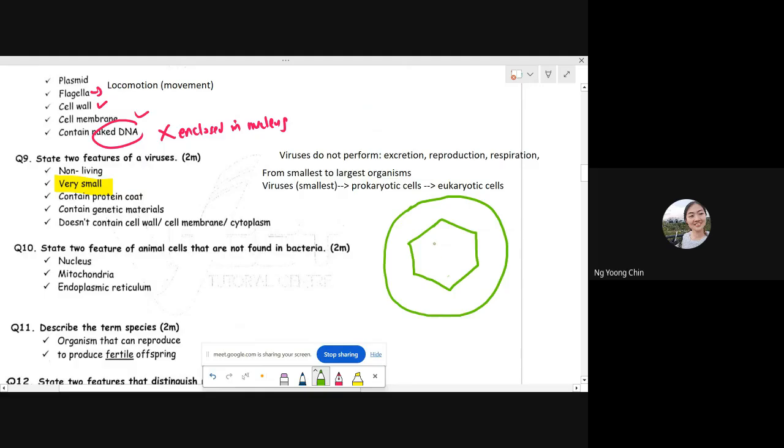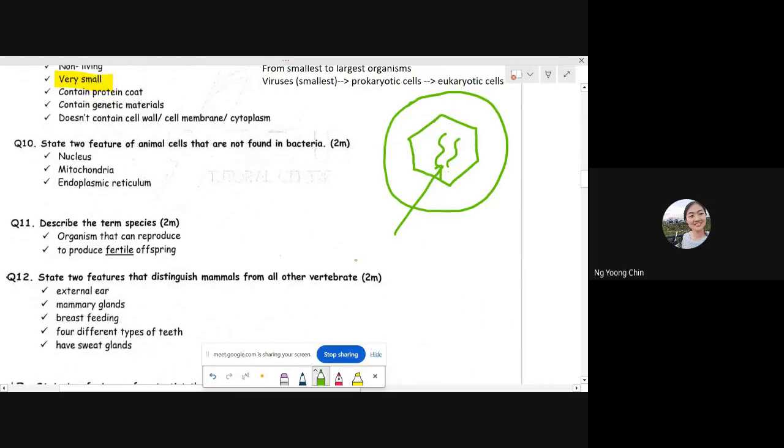Inside the virus, there is the genetic material, either DNA or RNA. If you are not sure, you just write something like this, which is enough already. Then you label inside is the genetic material, either DNA or RNA, because there are RNA type viruses and also DNA type viruses. So genetic material, either DNA or RNA. And then this is a capsid. Capsid.